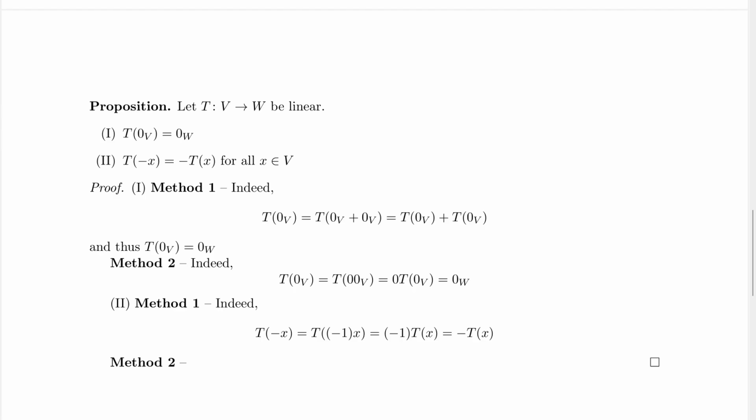Because I'm going to use the additivity, but I'm also going to use point 1. And how does that go down? Well, I now know that 0 gets mapped to 0. So we can start off with that.